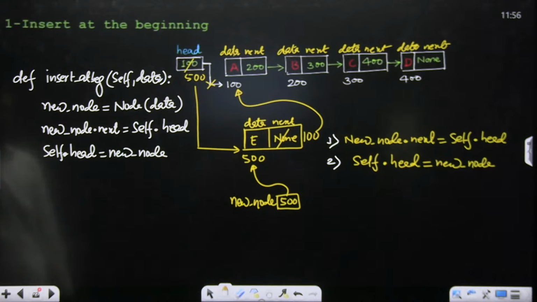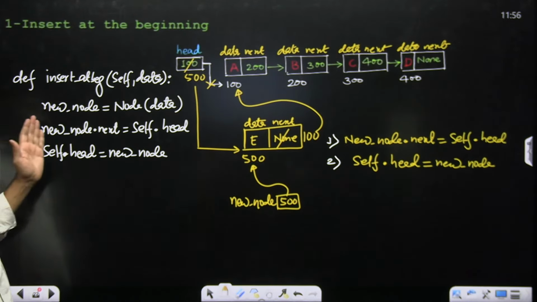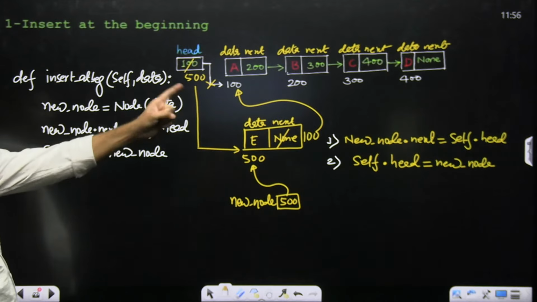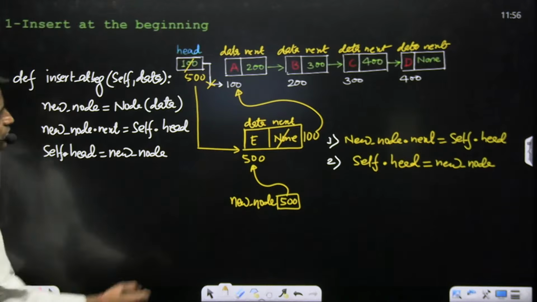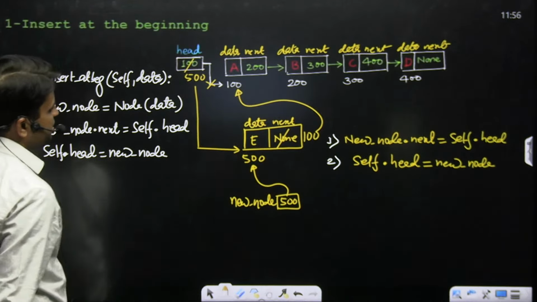First allocate memory for the new node, new node dot next equals self dot head so it points to the old head, and self dot head equals new node. In this way, you can insert at the beginning.